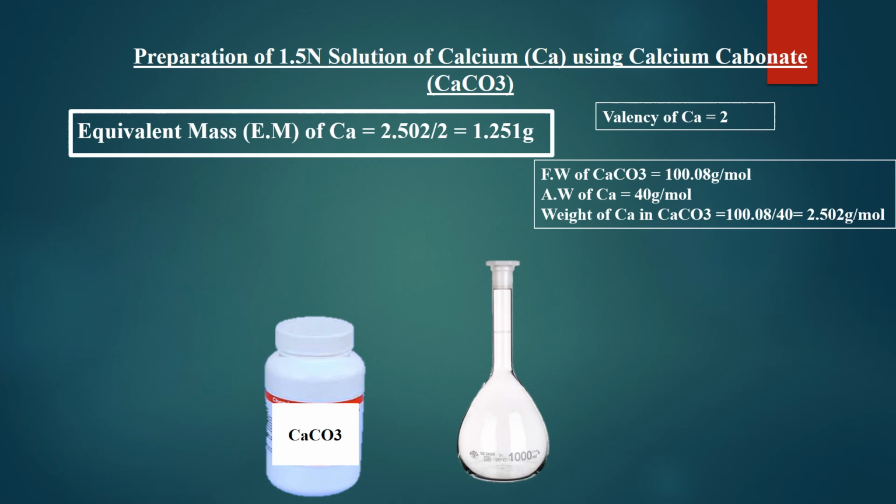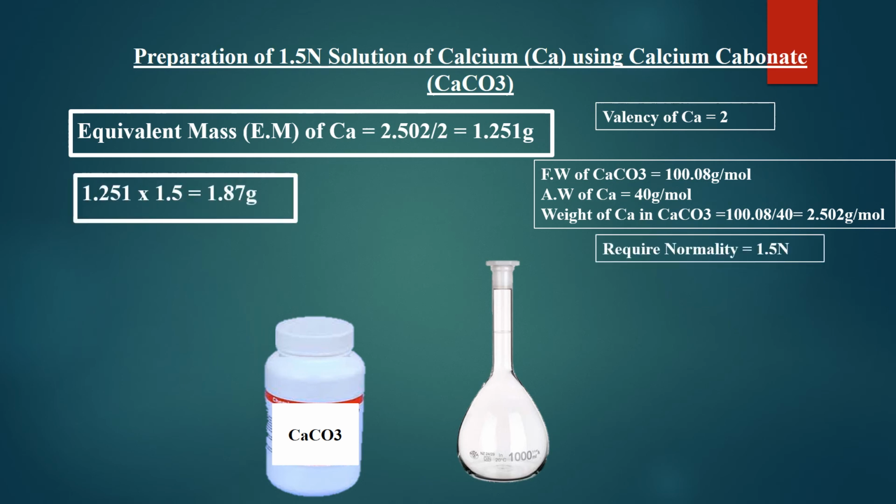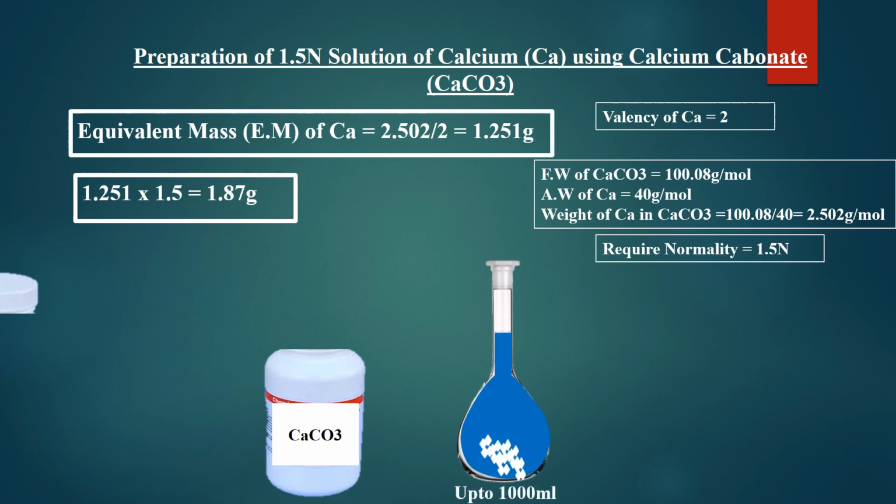Now multiply 1.251 with 1.5, as we want to prepare 1.5 normal solution. So the answer is 1.87 grams. Take 1.87 grams of calcium carbonate. Dissolve it in water and dilute the solution up to 1000 milliliters. This will be 1.5 normal solution of calcium.